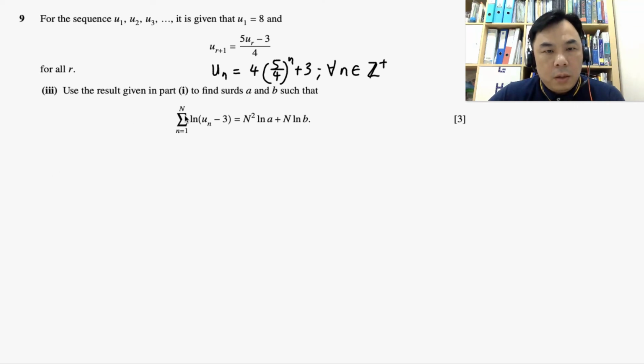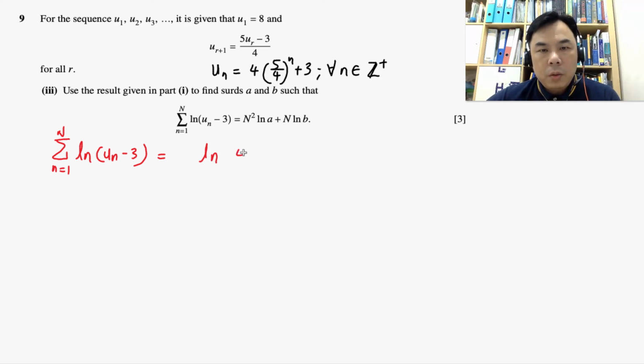Okay, now let's try out the sum of this using this mathematical sequence that we have already proven. That will be... that can be written as un.